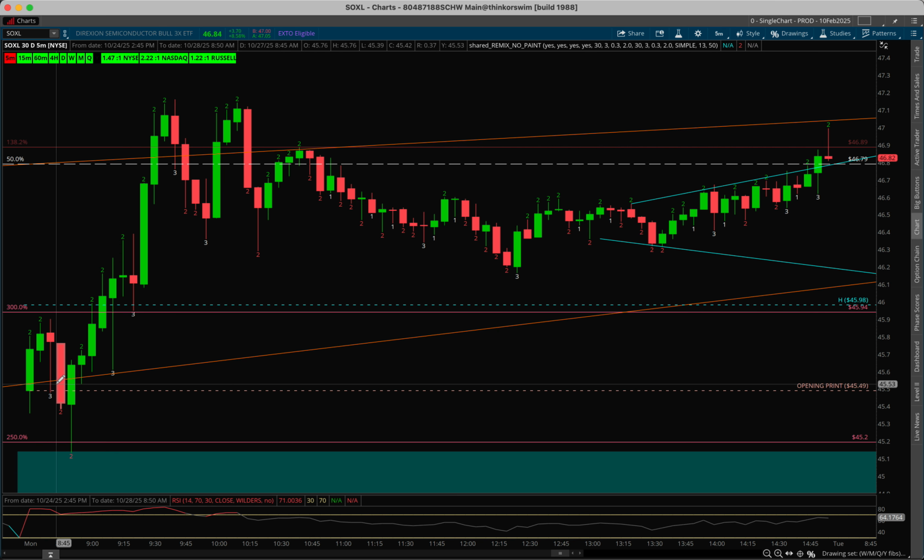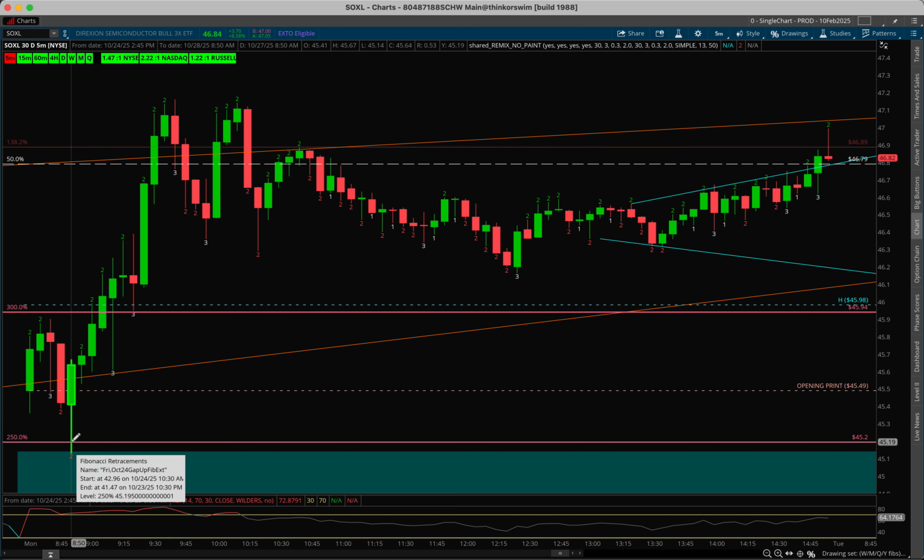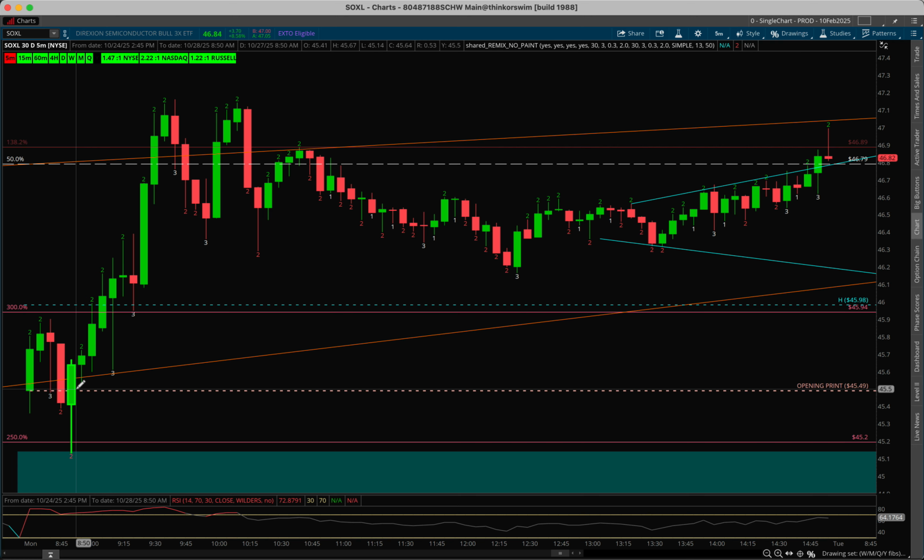And you can see here we got, of course, the gap up and the push down and bounce basically off of the 250 fib extension from Friday's gap up. And off of that bounce, it did basically make a higher low at the opening print, right?